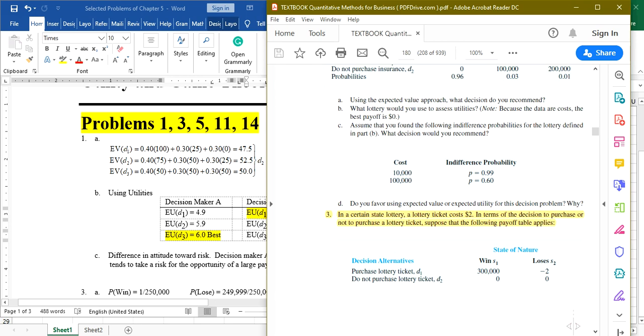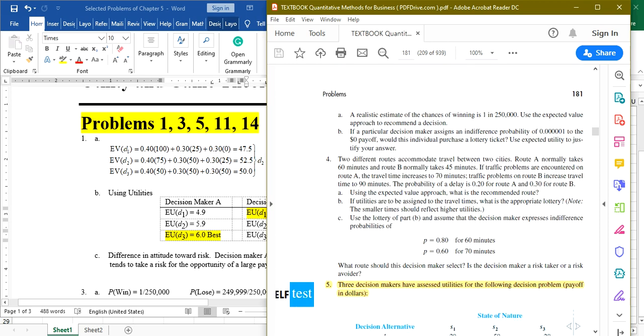In terms of the decision to purchase or not to purchase the lottery, suppose the following tables. So you are indifferent to buy a lottery or not. So the lottery costs $2, but if you win, you will win $300,000. So you have two alternatives in front of you. Either you want to buy this lottery or you don't want to buy this ticket.